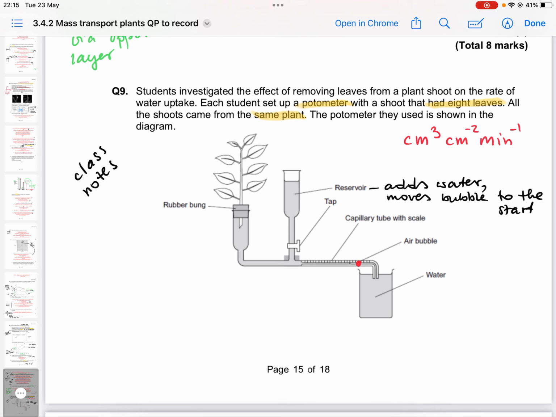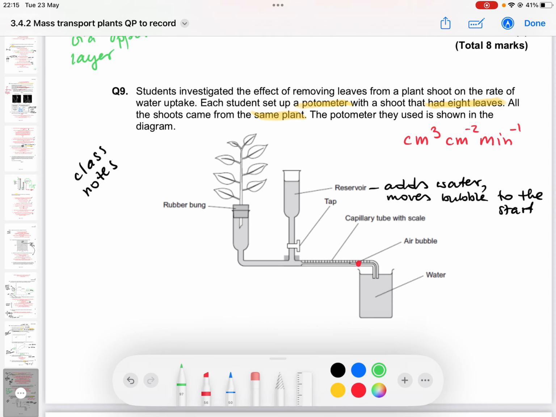However, we can still use it to work out the movement of water, and we will do it in centimeters cubed. So remember, we get that from the capillary tube following the movement of the air bubble, per centimeter squared, so this is the surface of the leaf, and per minute, so per time.